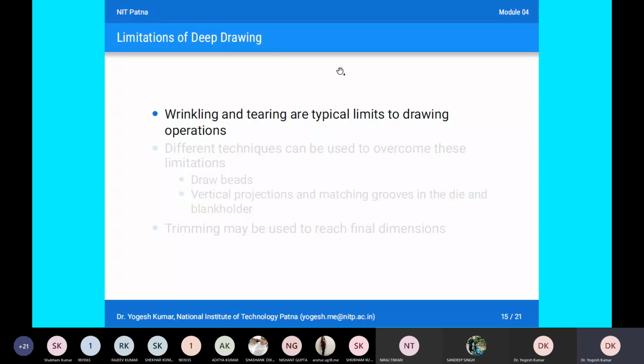Now we will come to the limitations of the deep drawing process. The common problems in deep drawing are wrinkling and tearing, which are the typical limitations of your drawing process. Wrinkling basically takes place on the cup.